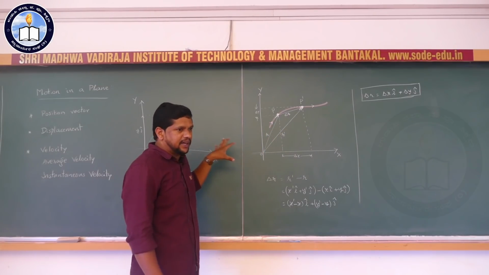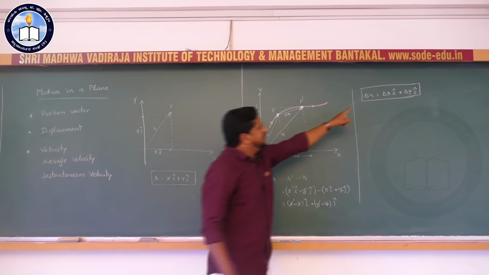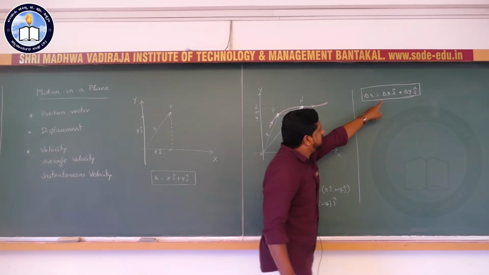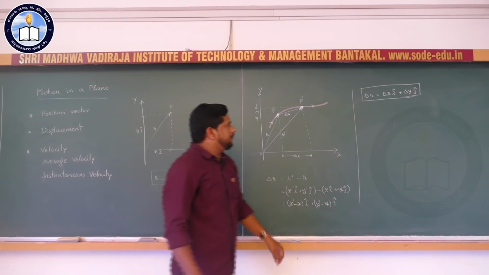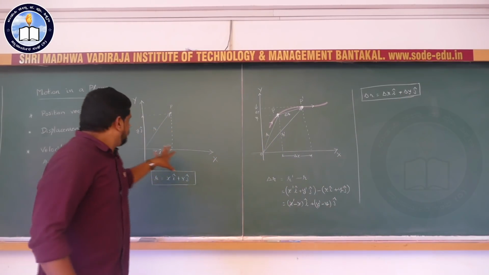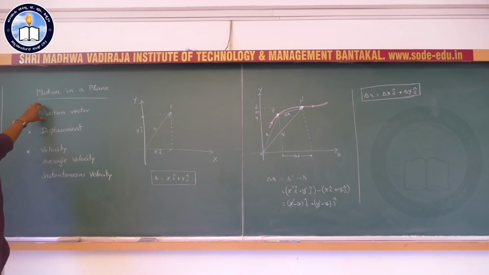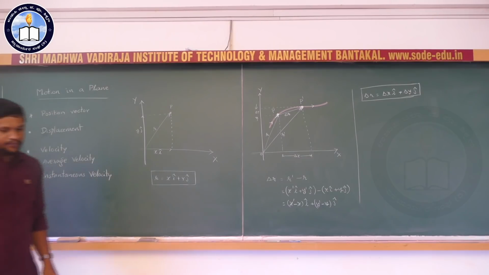If the particle is under two-dimensional motion, its displacement can be represented as delta x i cap plus delta y j cap. So we have discussed position vector and displacement.